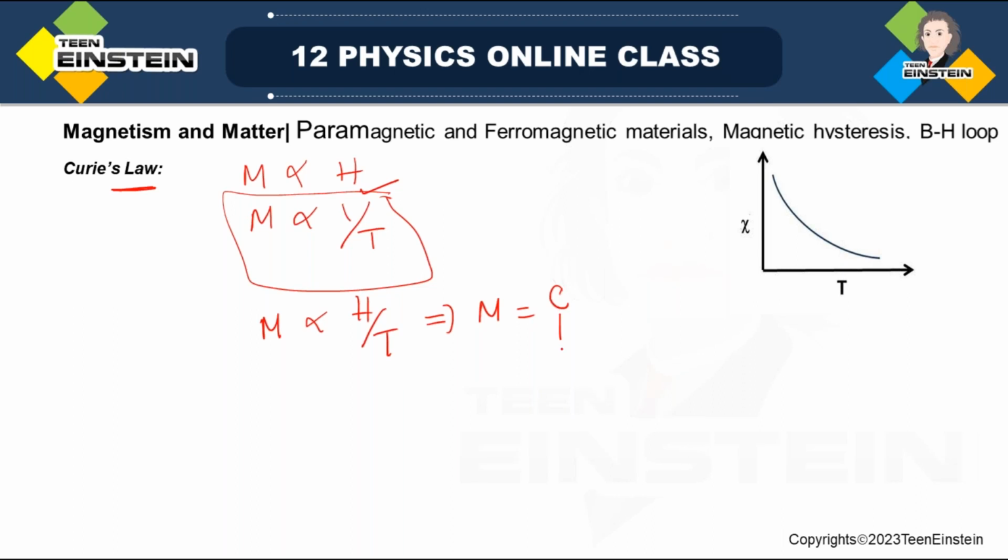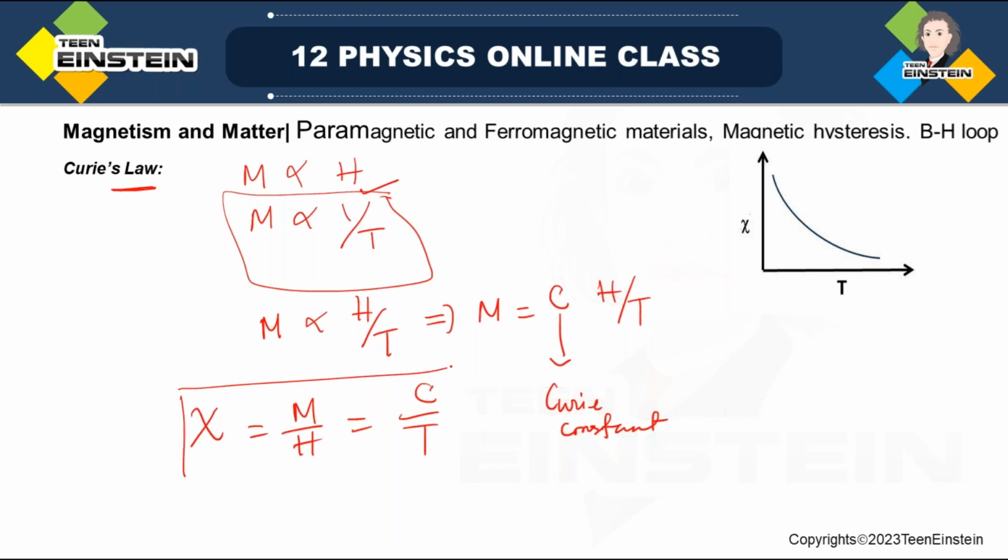This is called the Curie constant, because this law was given by Curie from the experimental results. We know magnetic susceptibility is M by H, so M by H means chi equals C by T. This is known as Curie's law of paramagnetism.